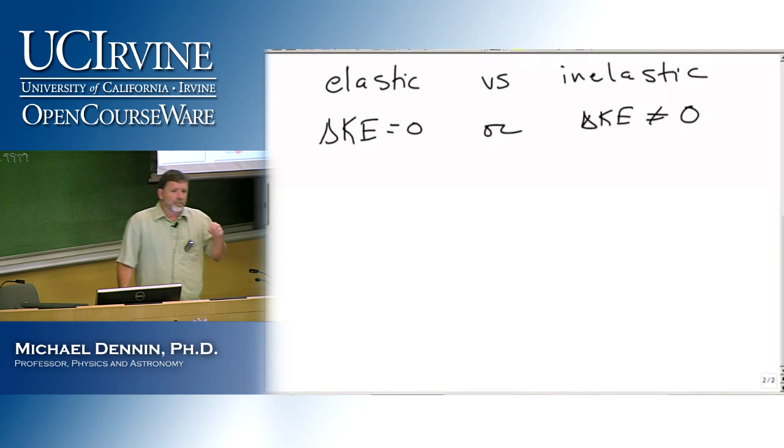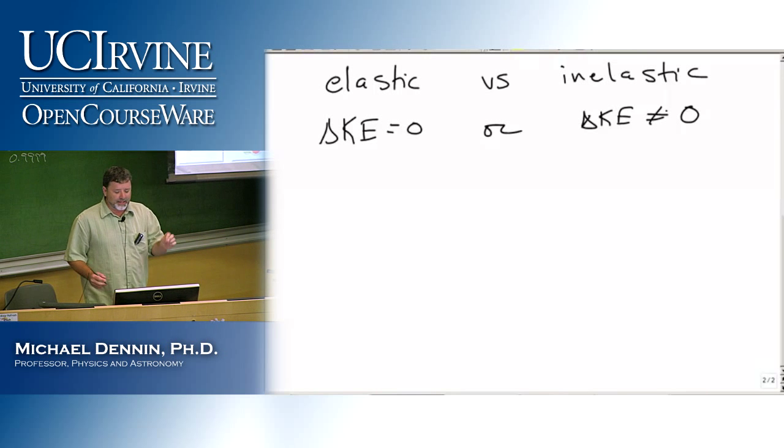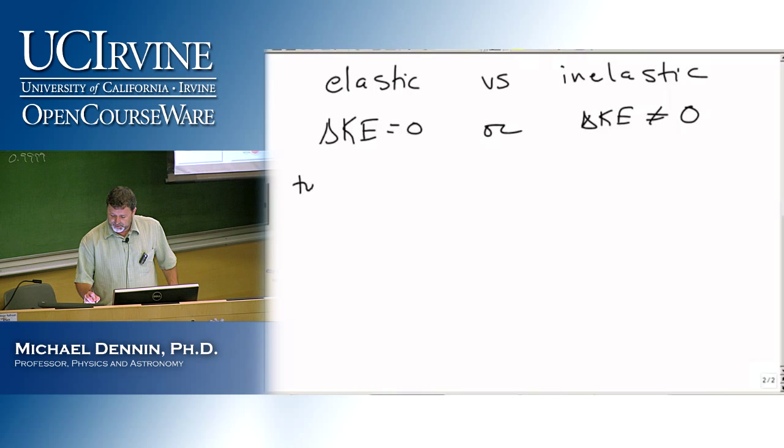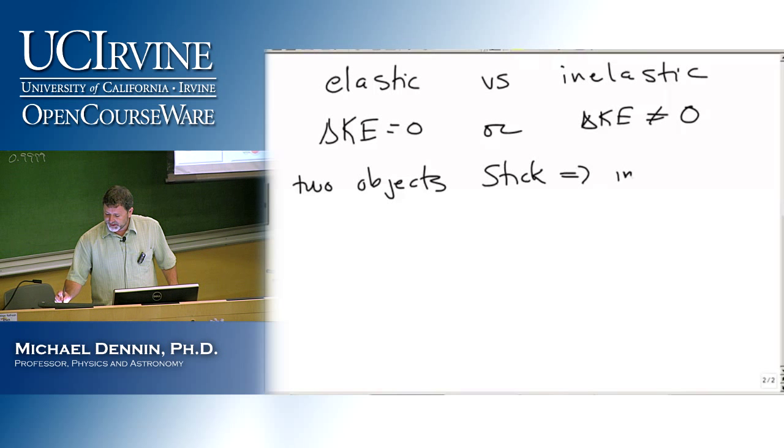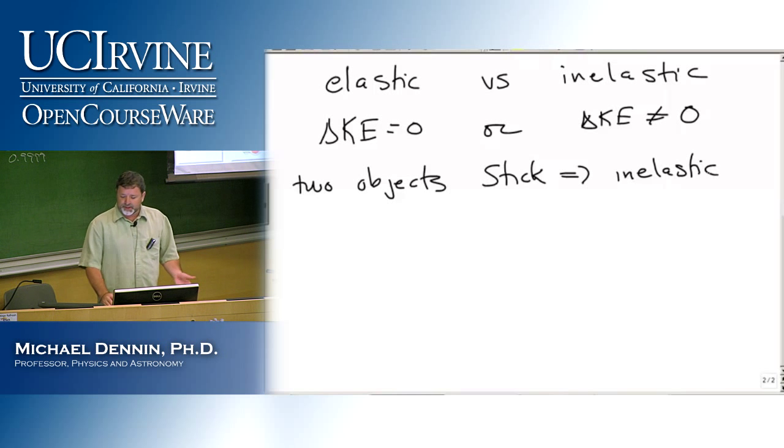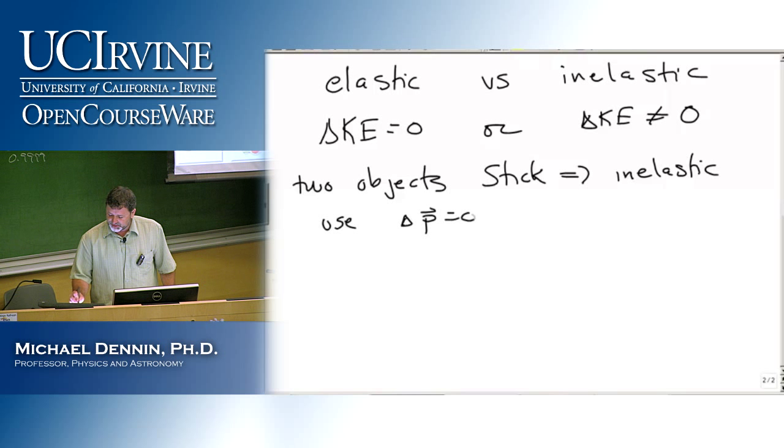Now, there are a couple of things you want to pay attention to. So if 2 objects stick, then it's always inelastic. And what you would typically do is you use momentum conservation to find your velocities.